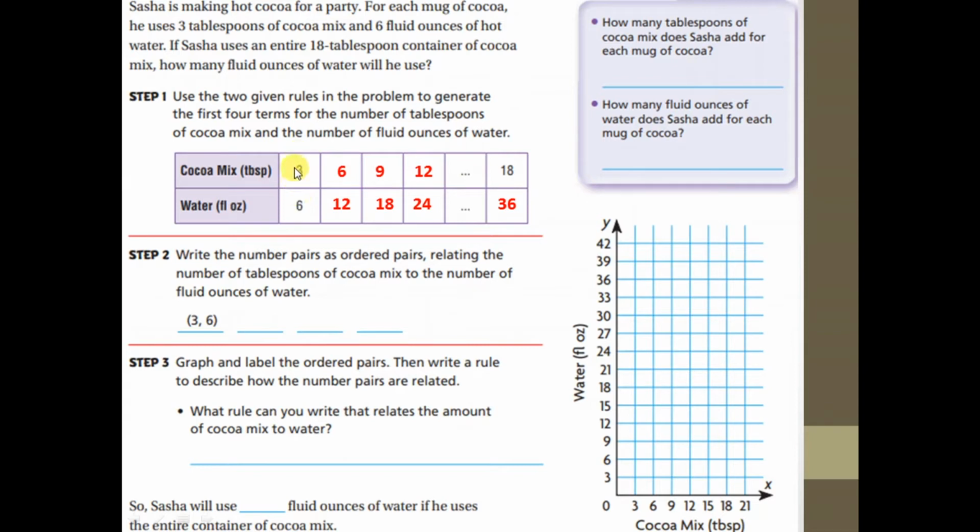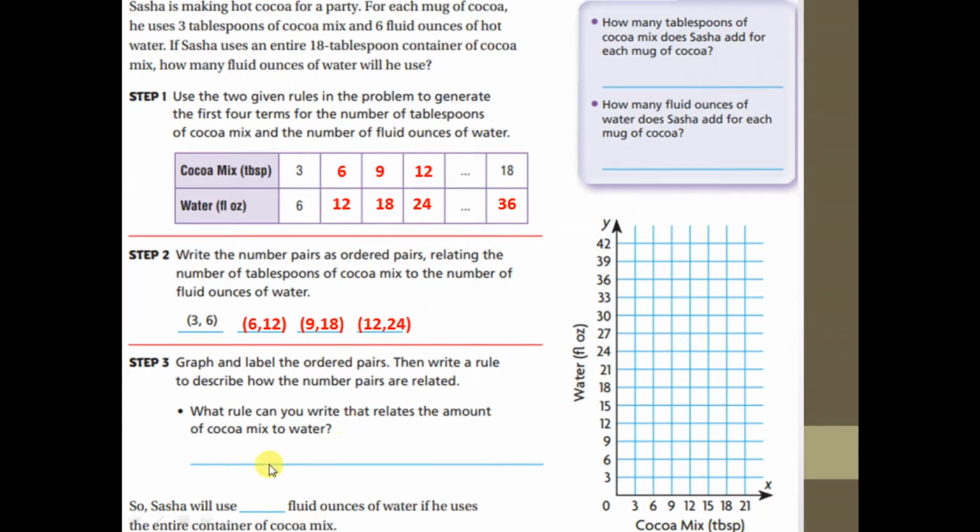Now find the ordered pairs, the points that will help you to graph it. The first ordered pair here is 3 with 6, so it will be 3, 6. Then the second ordered pair is 6 with 12. 9 with 18, so the ordered pair here is 9, 18. 12 with 24.